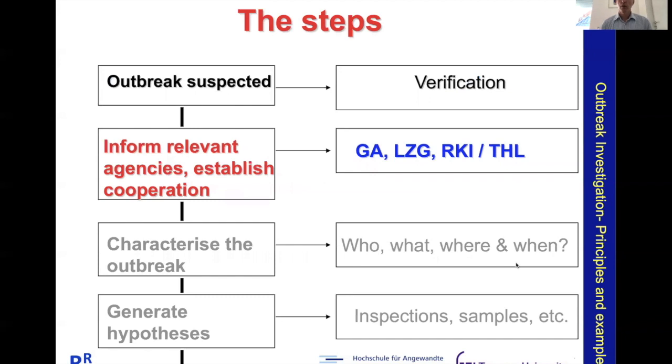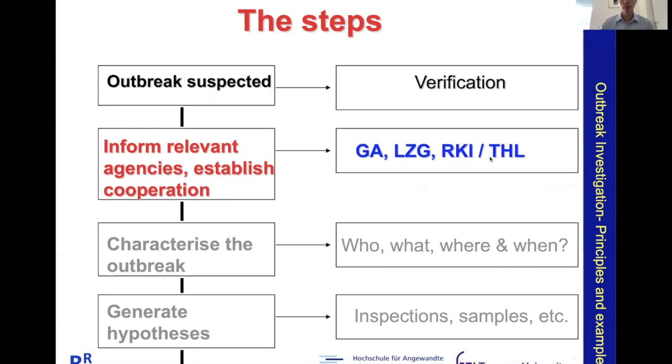Okay. If this is the case, I think the next step should be to inform relevant agencies and establish cooperation. If you're the local public health doctor somewhere in whatever region in the world, then you're not the only one to deal with this outbreak. You probably want to inform, if you were in Germany, the state level or the national institute.